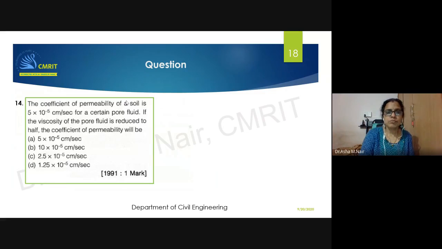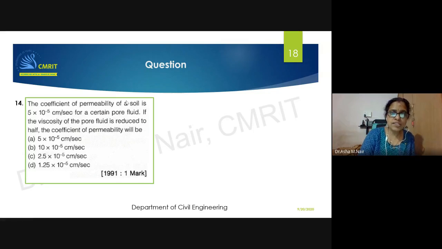So the coefficient of permeability of a soil is 5 into 10 to the power of minus 5 centimeter per second for a certain pore fluid. So you are given that K is equal to 5 into 10 to the power of minus 5 centimeter per second.